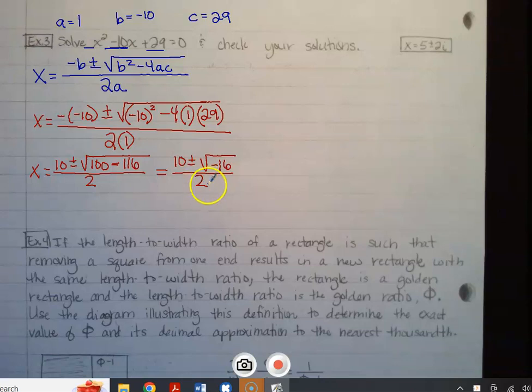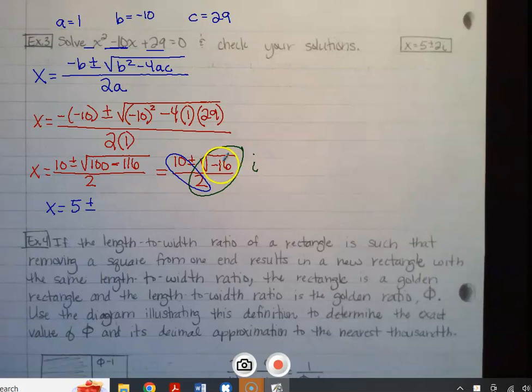So we have this divided by 2, so we're going to divide each part here. So x equals 10 divided by 2 is 5, plus or minus the square root of negative 16. We have a negative, so we need to pull the i out.